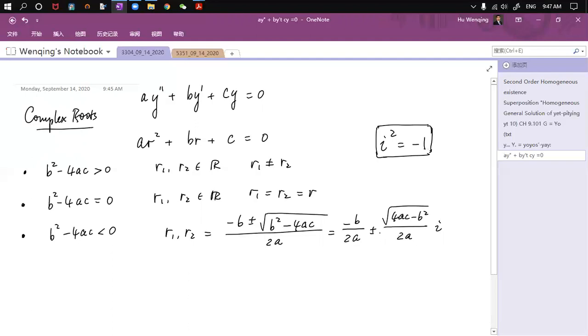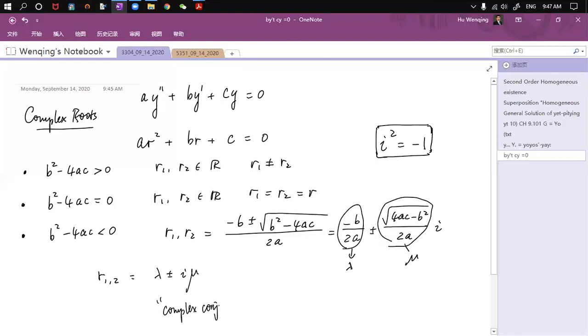As long as you have this, you can see that these two roots take the form lambda plus or minus i times mu, where lambda is equal to this one, and mu is equal to this quantity. These are the so-called complex conjugate roots.